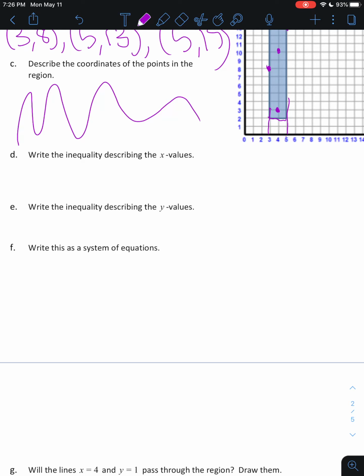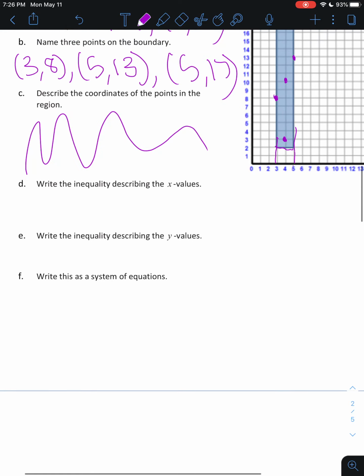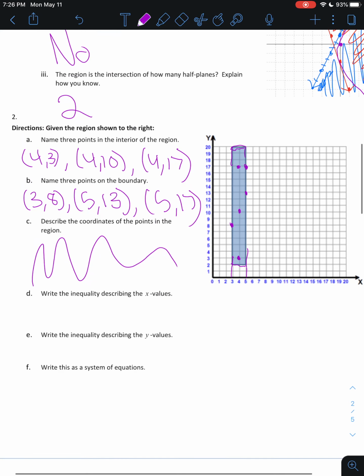So, we're writing these equations to describe just the x values at first. The x values are going to be between 5 and 3.